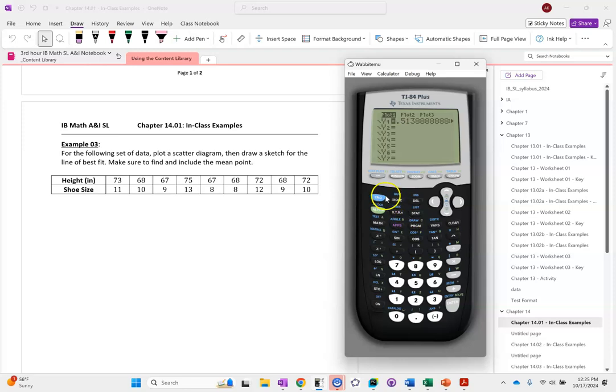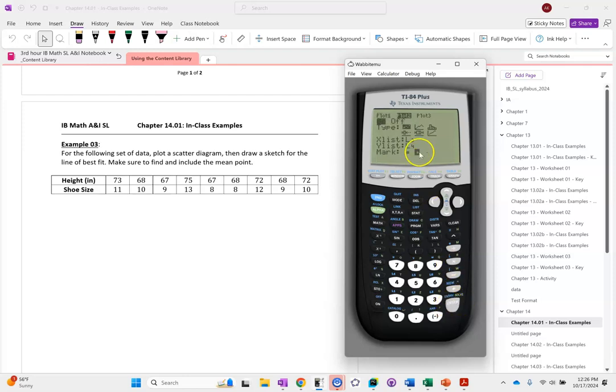So I'm going to turn on plot 1, and graph L1 and L2. This first option is scatter, and I'm going to use the block. Then I'll go to plot 2.